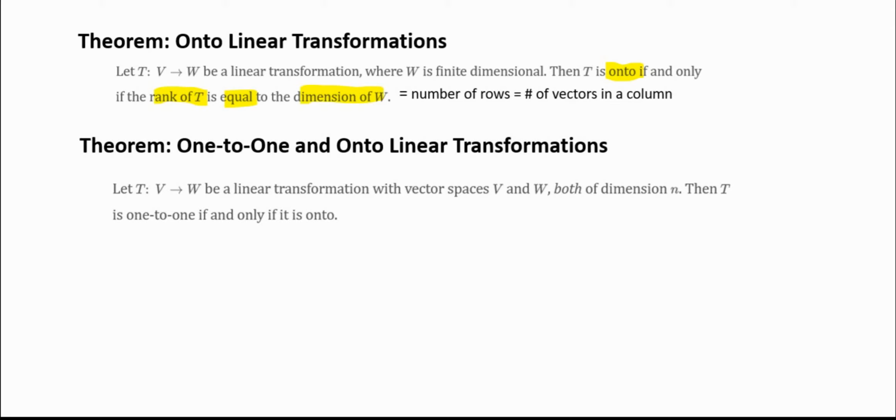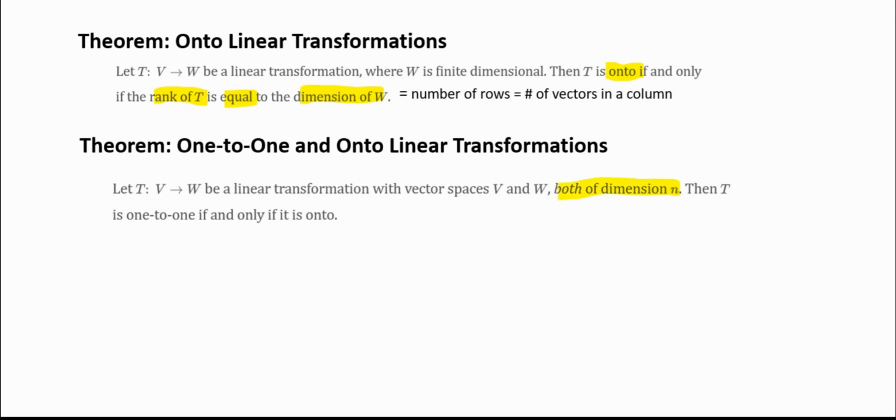So this next theorem, one to one and onto: let T be a transformation mapping V into W, and it's doing that by some matrix A, and that's matrix multiplication. Here with these vector spaces, V and W, both have the same dimension, and you have to have that, because that's the kicker here.